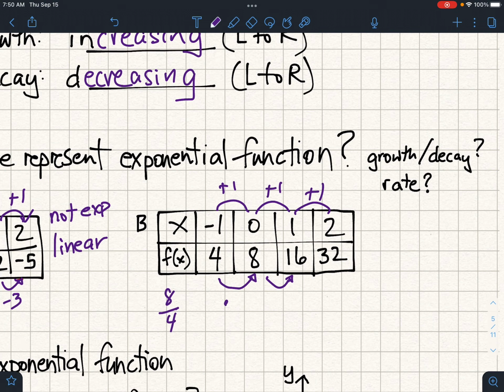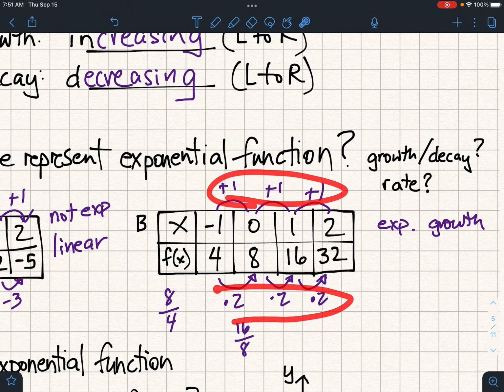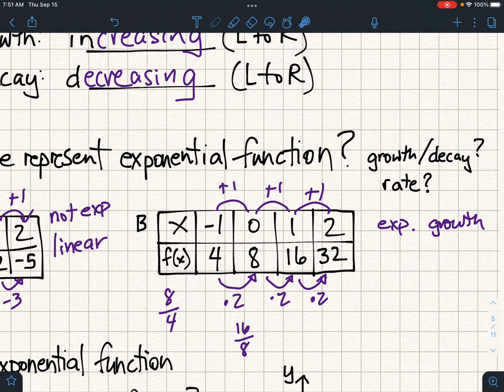That's 2. And 16 divided by 8, that's 2. So in essence, I am doubling, or multiplying by 2 each time. So this is exponential. And because it's increasing, this is a growth. And the rate is whatever you're multiplying by. If the domain is going up by 1, then the rate is right here. So rate equals 2.